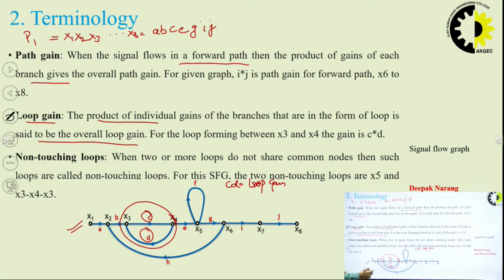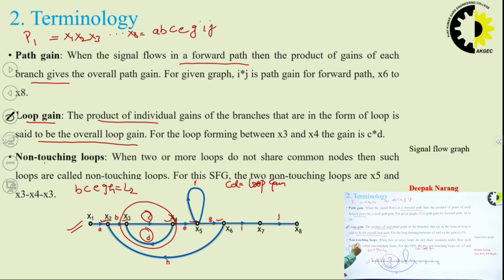In the same manner, loop gain for x2, x3, x4, x5, x6 and again x2 becomes B, C, E, G and H. This is the loop gain for the second loop.